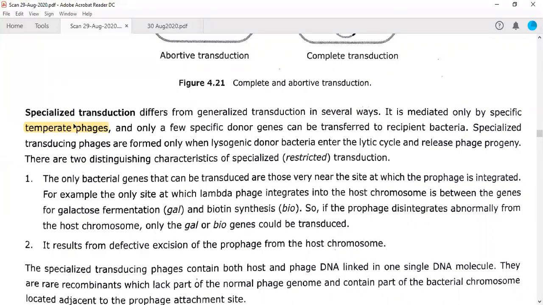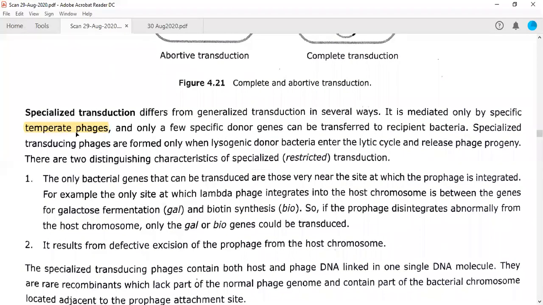So virulent phages are the bacteriophages which will infect a bacterial cell. They will make copies of their DNA and ultimately lyse the bacterial cell, right? Whereas the temperate phages are phages which have no hurry to replicate their genome. First of all, when they infect a bacterial cell, they will integrate their genome, their DNA, inside the bacterial chromosome, that is called a prophage.